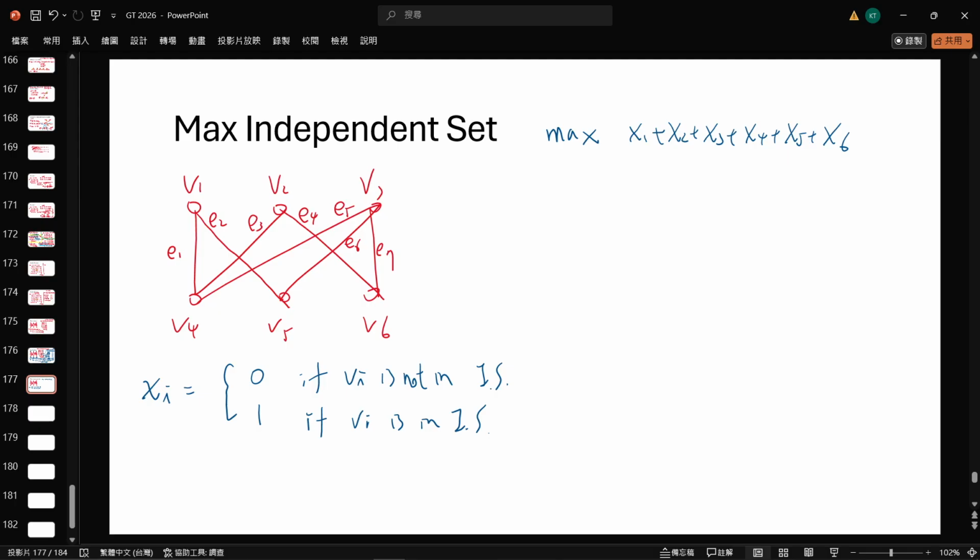Okay, so the last part to formulating this integer or linear program is to list the constraint, okay? So for maximum independent set, the constraint is that for any 2 chosen vertices, they cannot be adjacent to each other, okay?